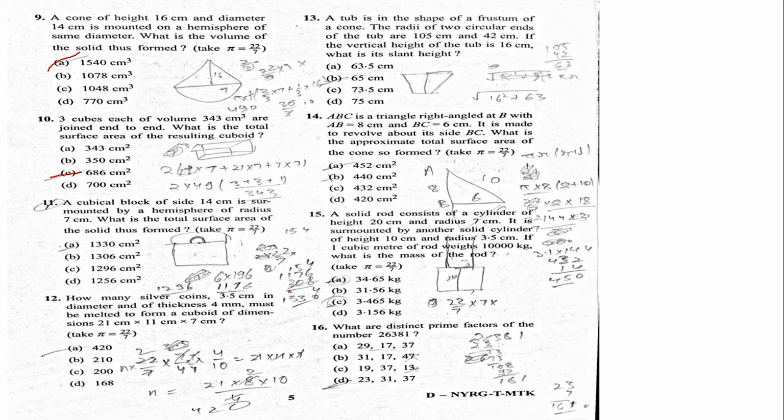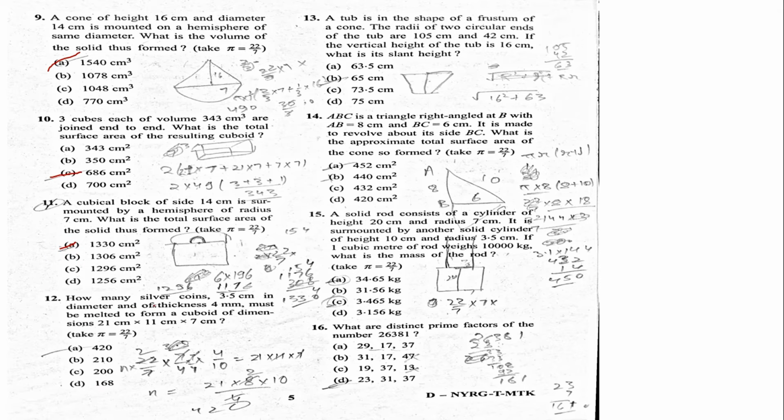So the trick here is the area of the cube, 6a square, which will come out to be 1176, and then we will be adding 2 pi r square for the hemisphere, not 3 pi r square, because the base pi r square is covered by the cube and will not be counted. So only one pi r square will be counted, and 1176 plus 154 gives the answer 1330. That is option A.